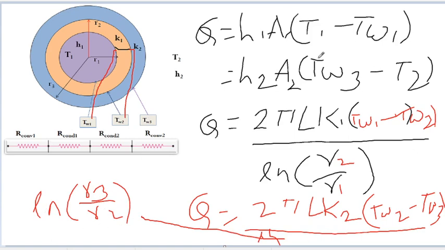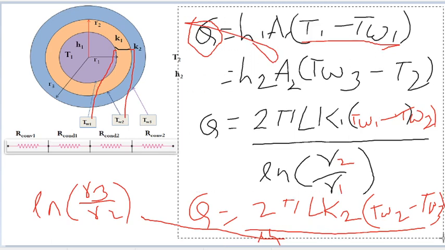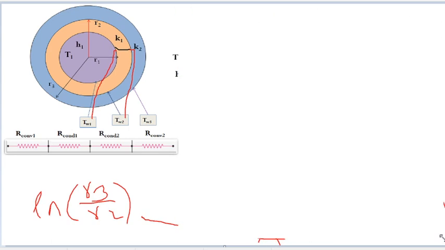So we just rearrange this equation in terms of the temperatures and in terms of Q. We write TW1 minus TW2 upon Q, and that equals whatever it is.